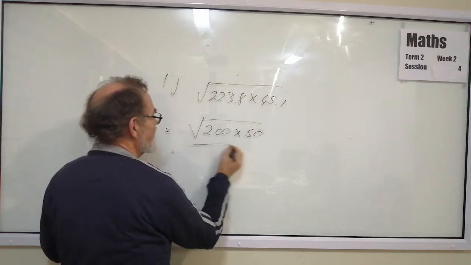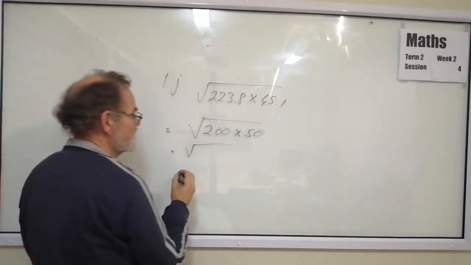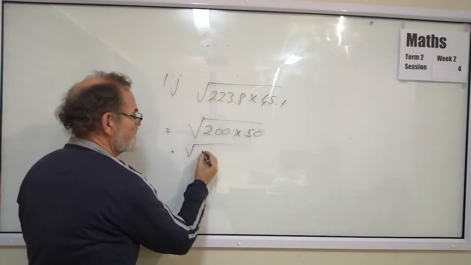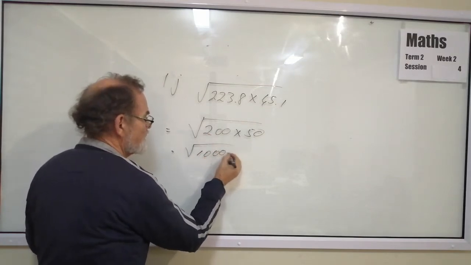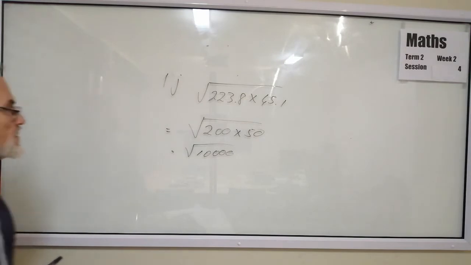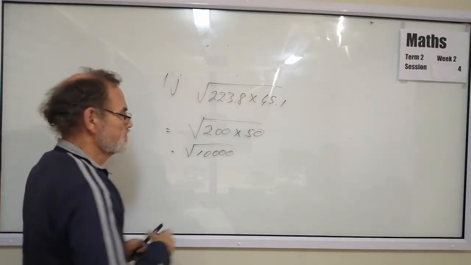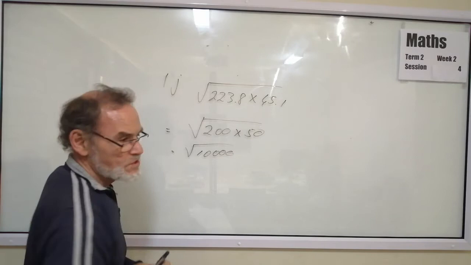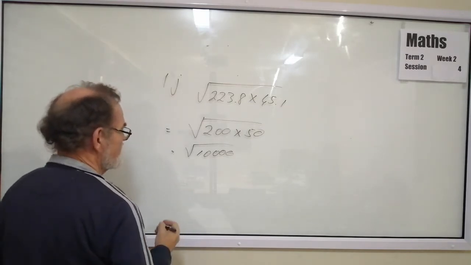And 200 multiplied by 50 is 10,000. And what is the square root of 10,000?